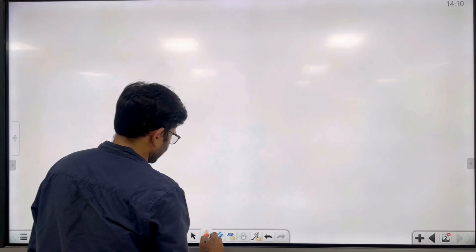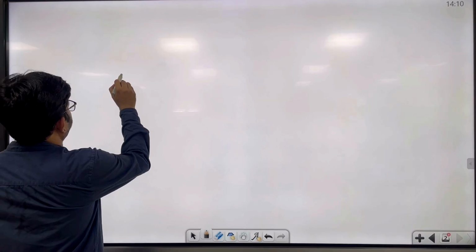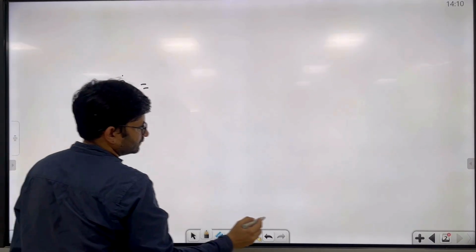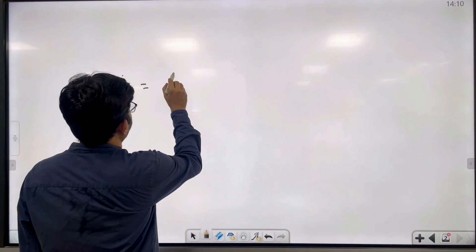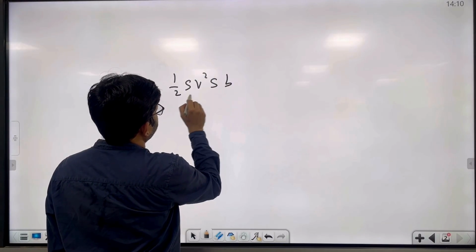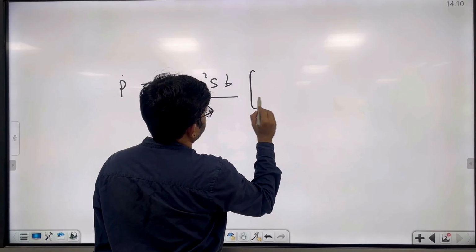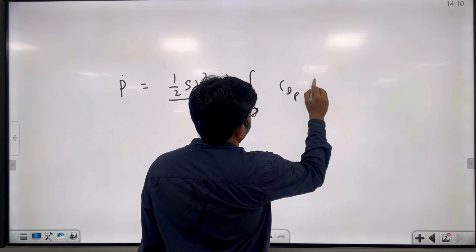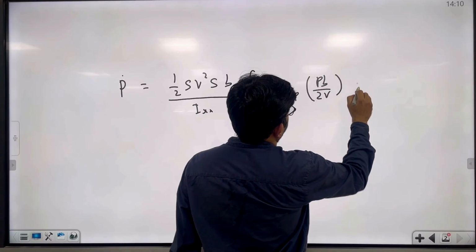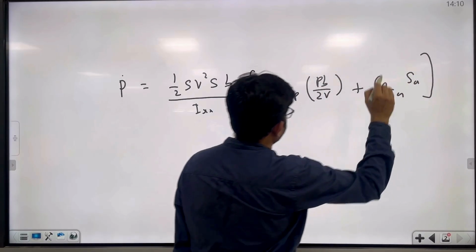The remaining thing is p dot, and here you can write half rho V squared S b divided by Ixx, times Clp pb divided by 2V and Cl delta A into delta A, only this term.